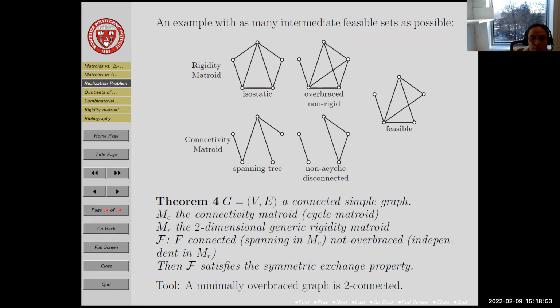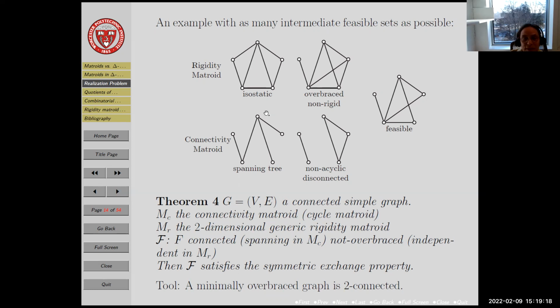And then I can define my feasible sets by saying any minimally overbraced graph or any isostatic or any independent set of edges should be certainly spanning in the lower matroid.